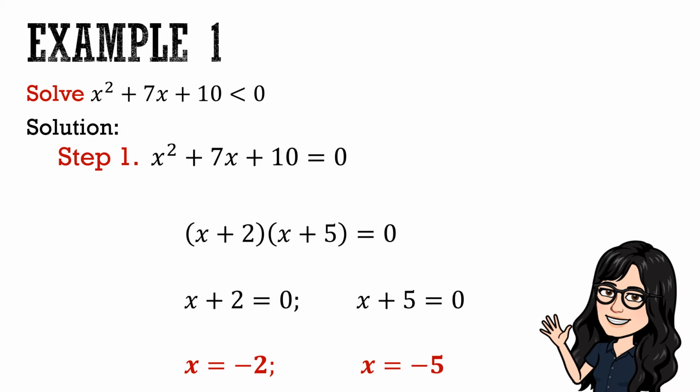Move positive 2 to the other side of the equation. That's why we have x equals negative 2. Moving positive 5 to the other side of the equation will give us an answer of x equals negative 5. Therefore, the two boundaries that we have are negative 2 and negative 5.